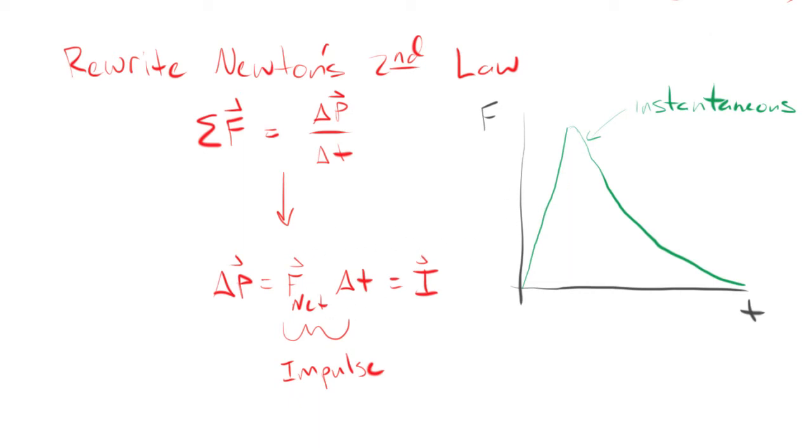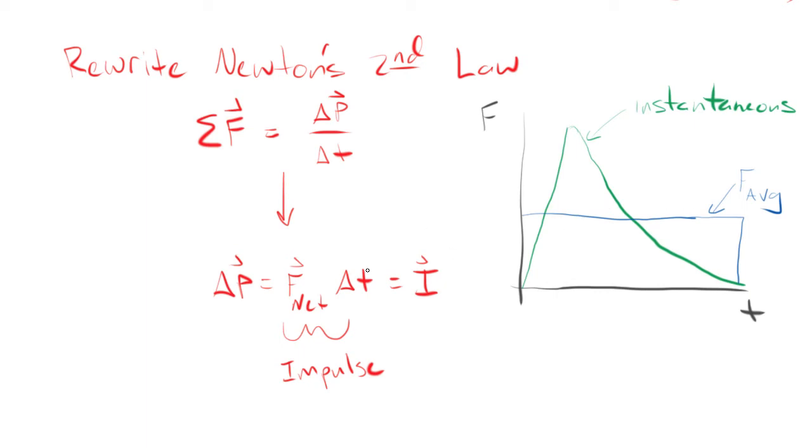I could draw a picture that says, it doesn't really matter about the details of the force. If I know how long the force is exerted for, and I just call this some average force, if I take F average and multiply that by delta t and call that my impulse, then it's going to tell me the change in momentum.